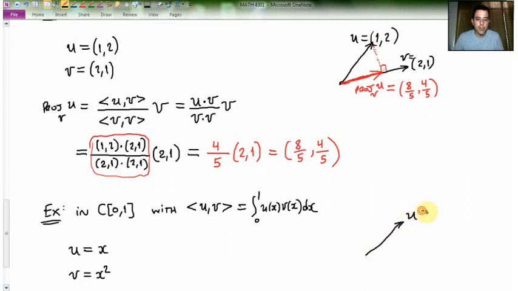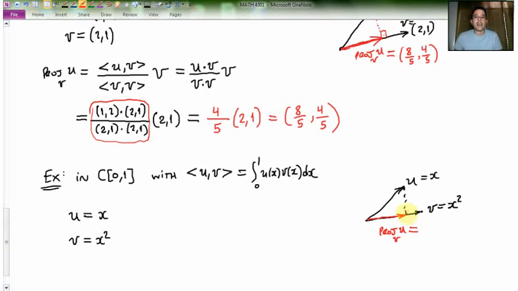Here u, which is simply x. This vector here. And then here is a vector v. So the projection of u onto v will be what?